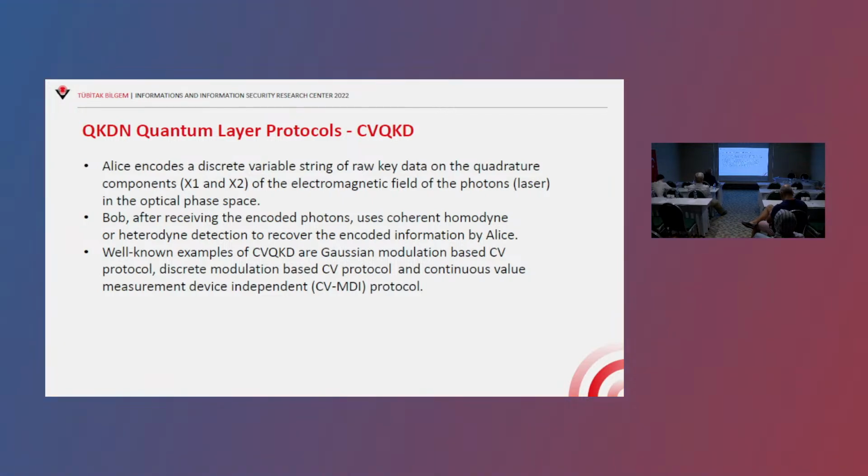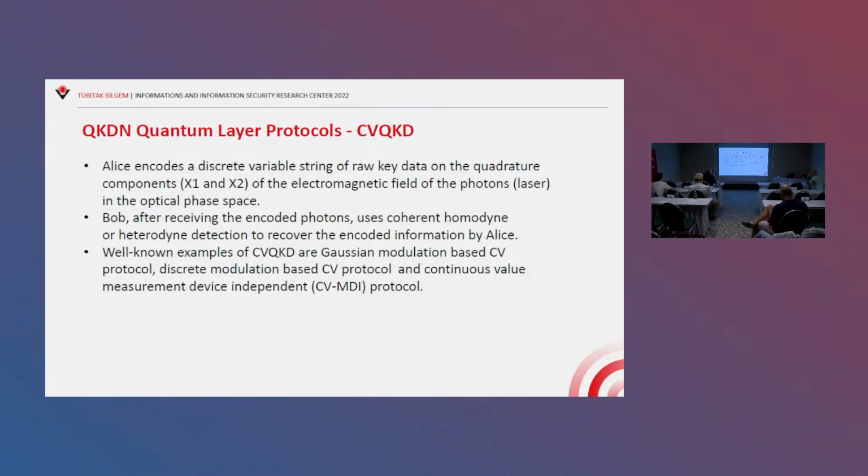In the case of continuous valued QKD, one would encode the information to be transmitted on the quadrature components. We call them X1 and X2 components of the electromagnetic field of the photons or the laser. These are the components in the optical phase space.